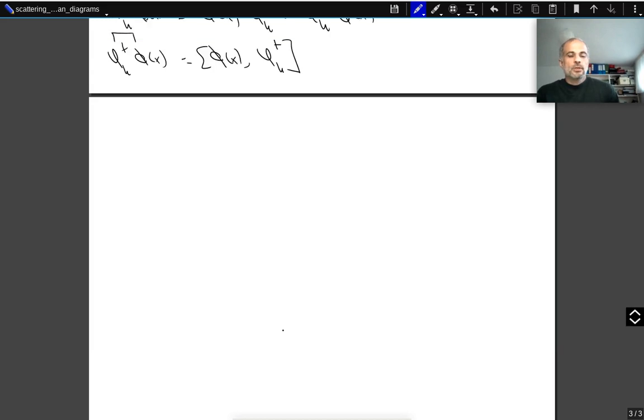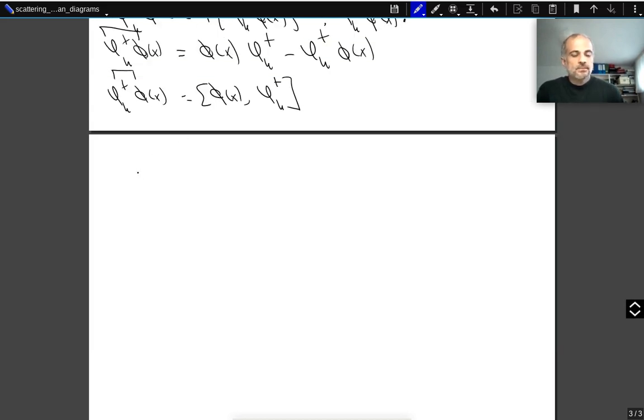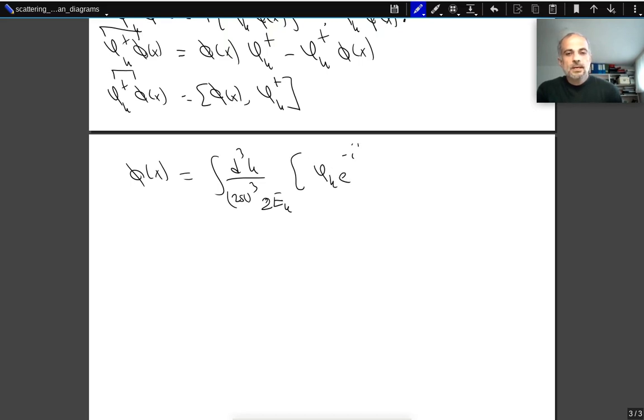Now we already know what the form of phi of x is. Phi of x can be written as a Fourier series, integral d cubed p divided by 2 pi cubed, square root of 2 E_p, phi p e to the power minus i p x plus phi p dagger e to the power i p x.